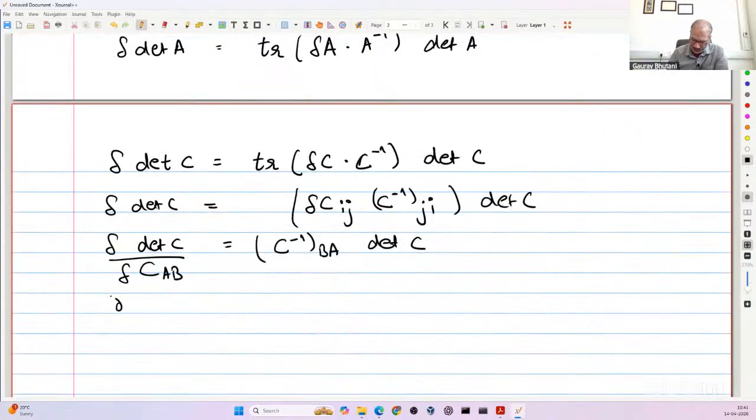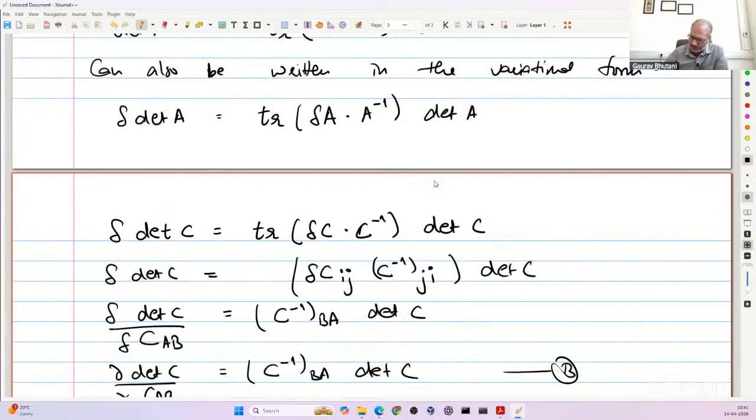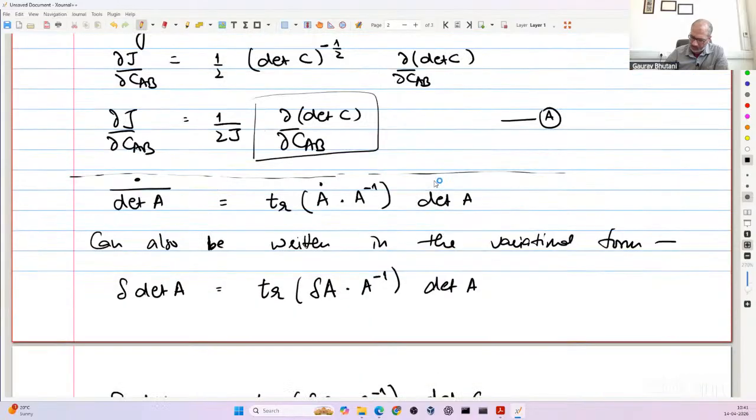In fact, this can be written as C inverse BA times determinant of C. So this we'll call B, and we'll substitute B in A now.